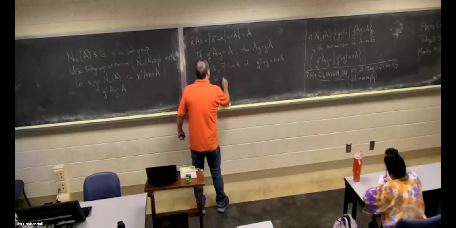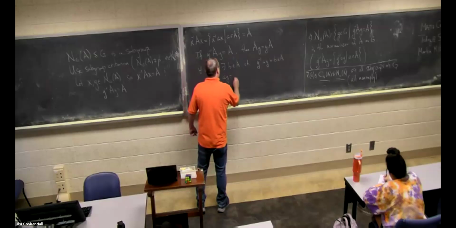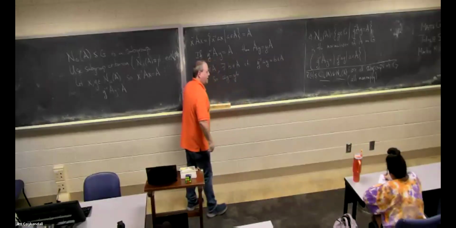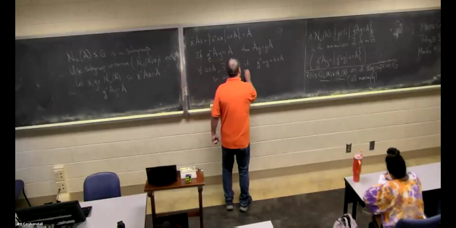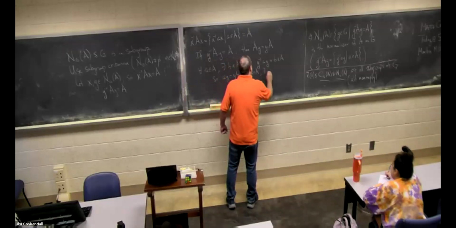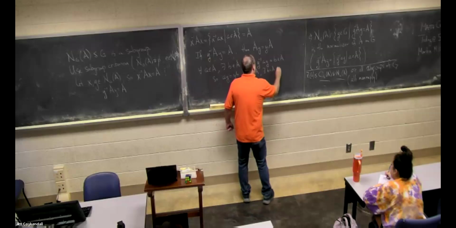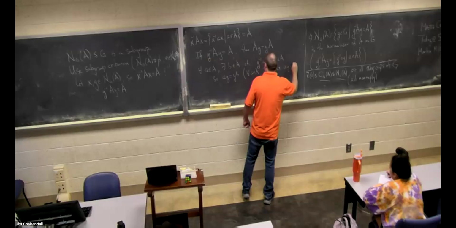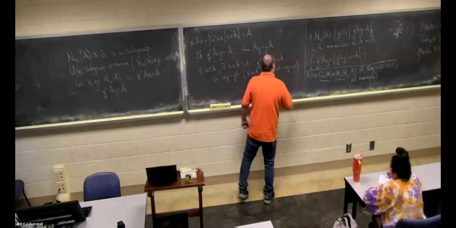So, right, so AY is equal to YB. That is to say, for all A, there exists B such that AY equals YB.